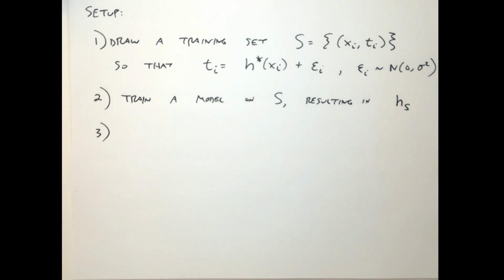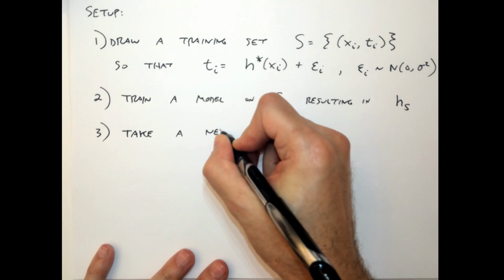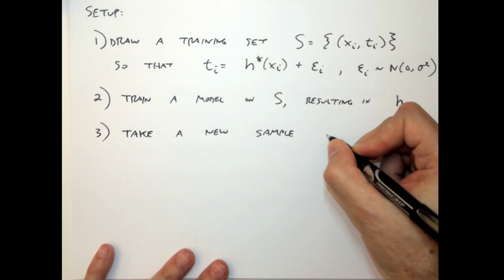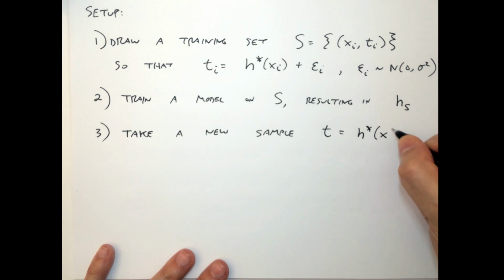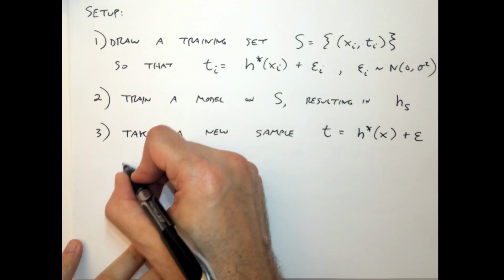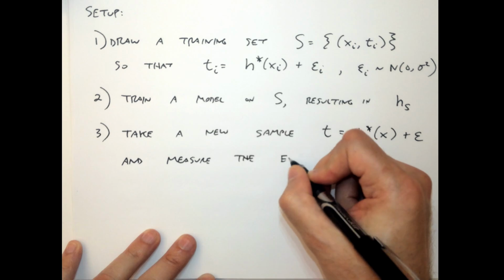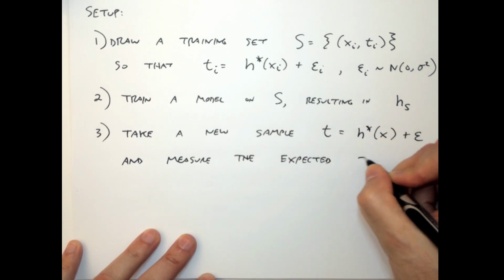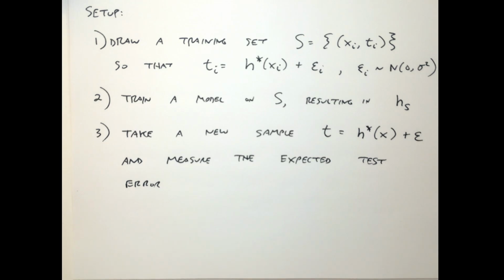And now I'm going to take a new sample from the same distribution. This is not one of my training data points. This is just a new version of sampling from the same distribution, and measure the expected test error. Right? And again, the expected value is averaged across the random draw of S and the random draw of epsilon.